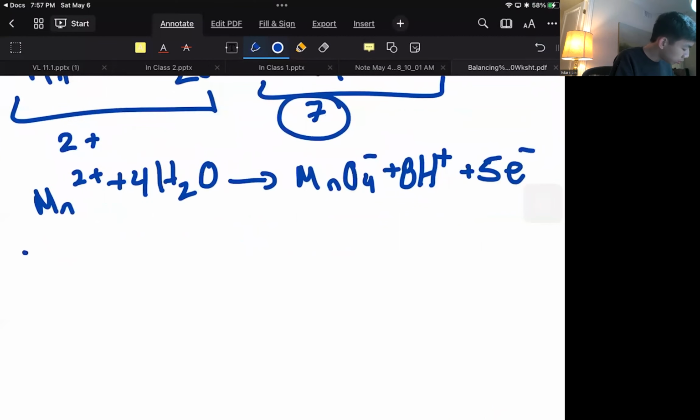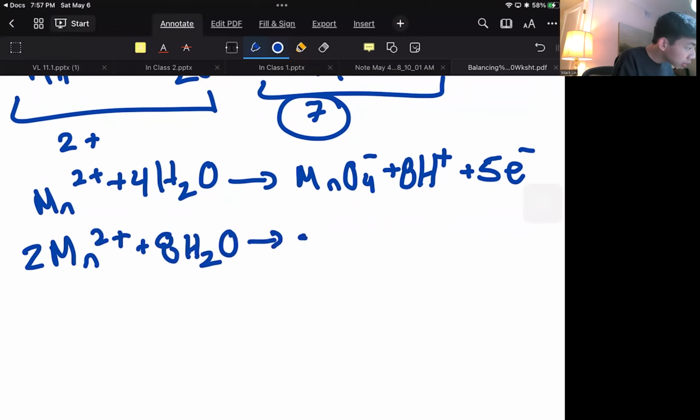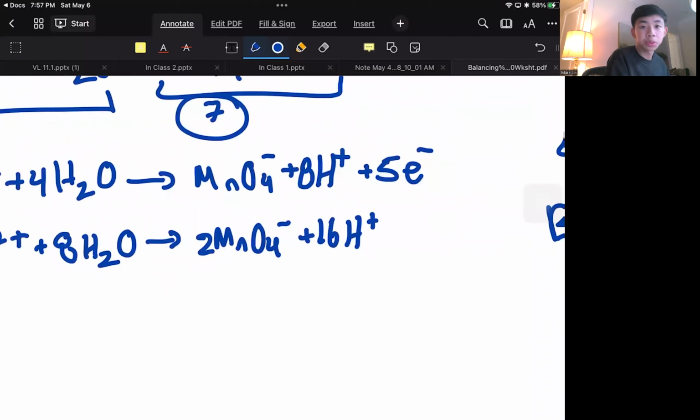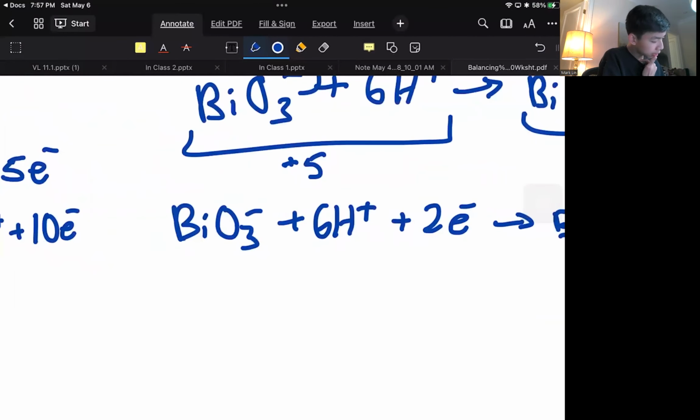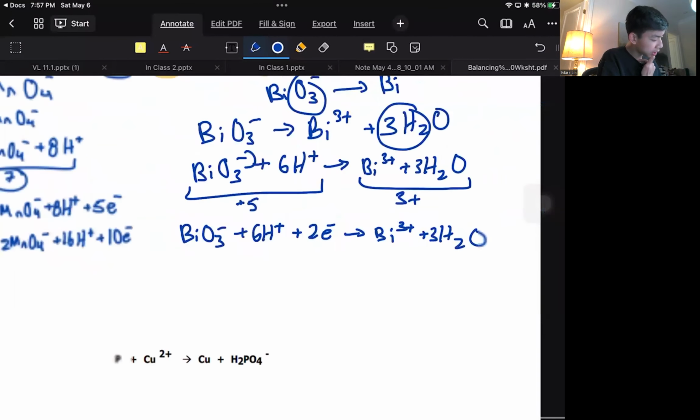So in order to get to 10 from 5, we need to multiply everything by 2. It's going to be 2 Mn2 plus 4 plus 8 H2O. It's going to go to 2 MnO4 minus, 16 H plus, because 8 times 2 is 16, and 5 times 2 is 10, 10 electrons. All right, same thing for the other side.